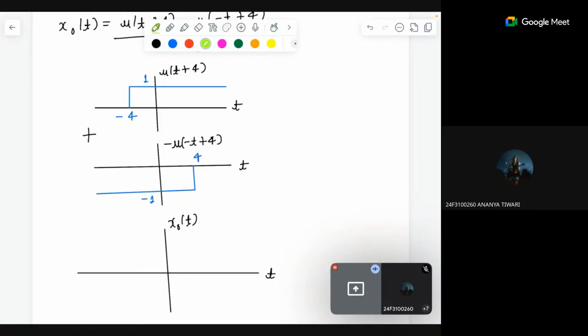Let us consider the part which is after 4. After 4, the first signal is 1, the second signal is 0, right? 1 plus 0 is 1. 1 divided by 2 is 0.5. So we have 0.5 here after 4.